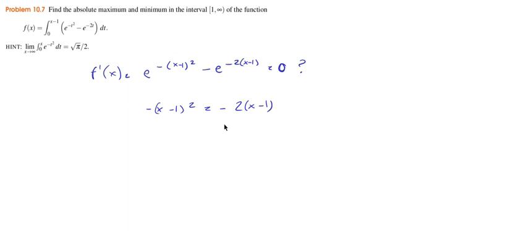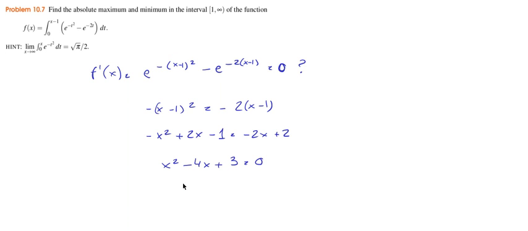So let's see. This is minus x squared plus 2x minus 1, and this is minus 2x plus 2. We take this together, so we have x squared minus 4x plus 3, right?